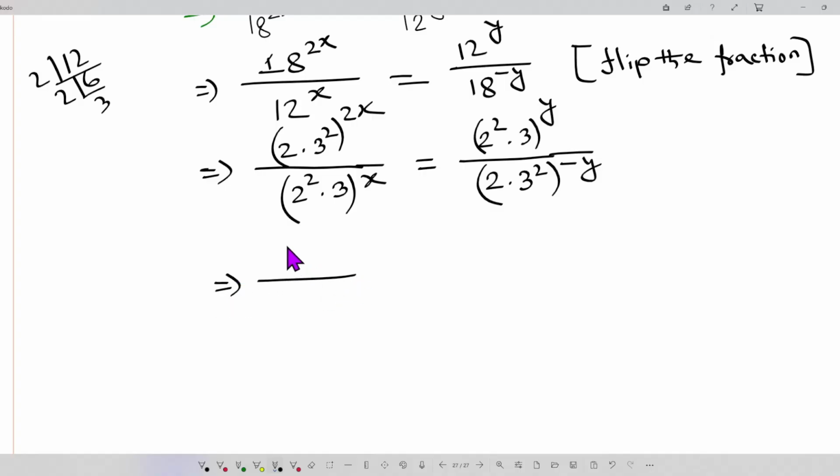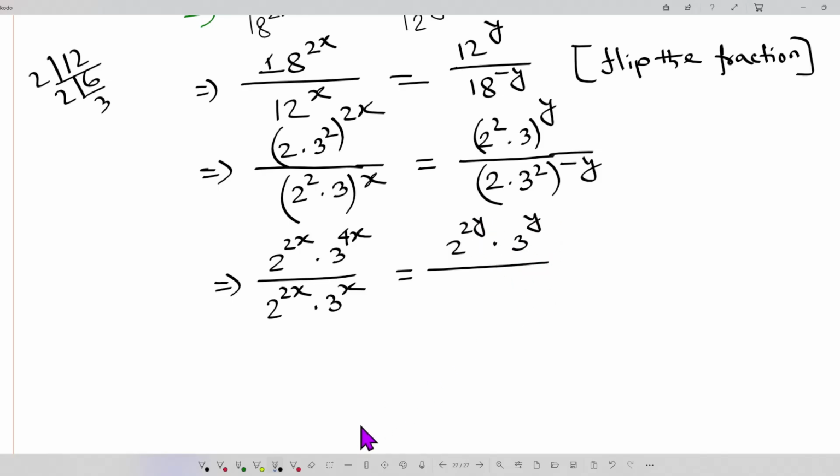Now 2 to the power 2x times 3 to the power 4x, and here 2 to the power 2x times 3 to the power x. Same thing also in here, 2 to the power 2y times 3 to the power y. Here is also 2 to the power minus y times 3 to the power minus 2y.